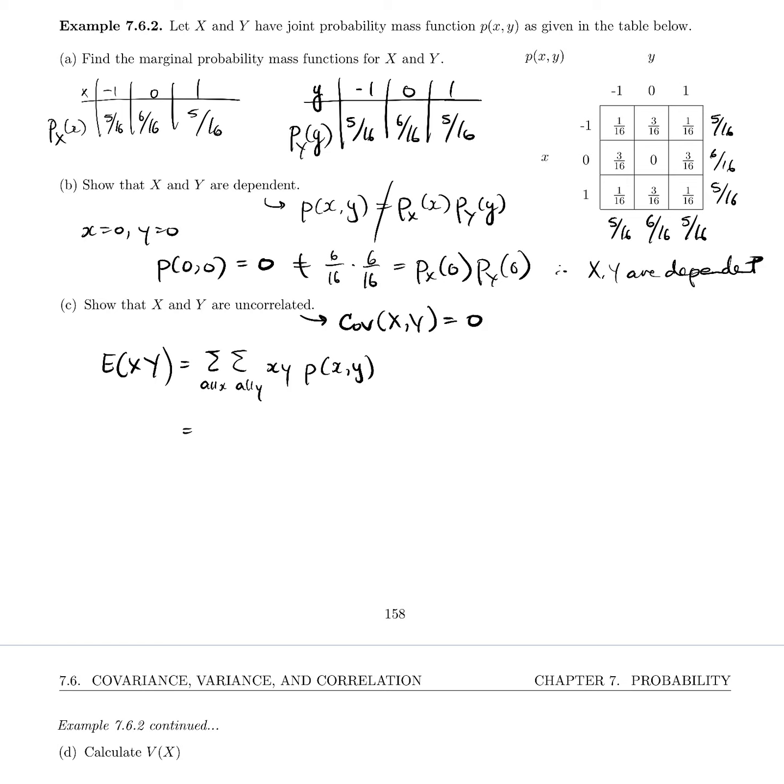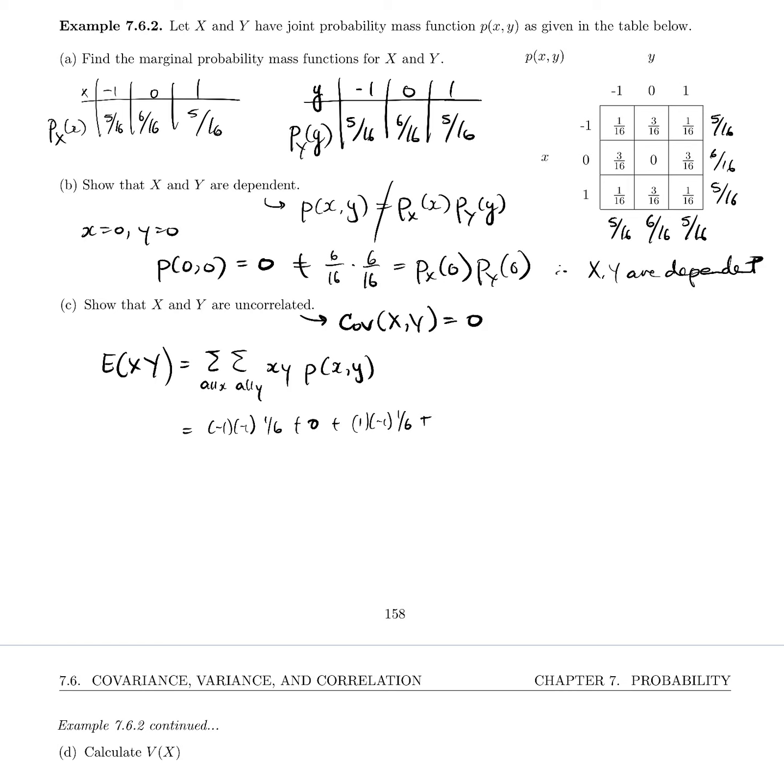We're going to get -1 times -1 times 1/16. And then we're going to get x times y times p of xy. Well, y is 0, so we're going to get a 0 here. And then we're going to get -1 times 1 times 1/16.